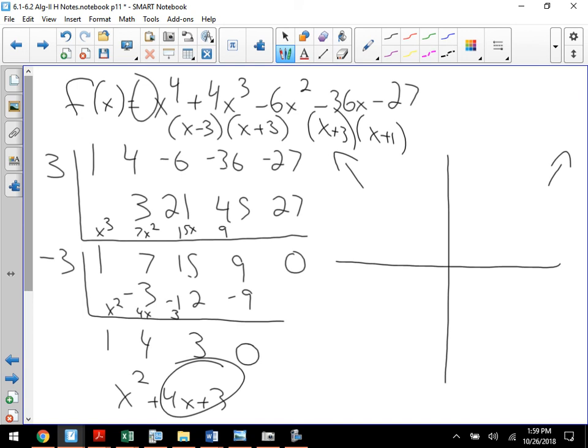Okay, guys, all I'm trying to show you is why this is important as we go forward. You can take something that looked god-awful and through some really easy math, find how to factor it. That means that there are zeros at 3, -3, -3, and -1.